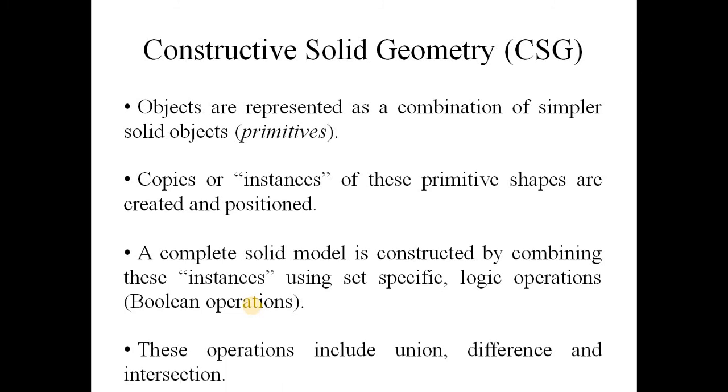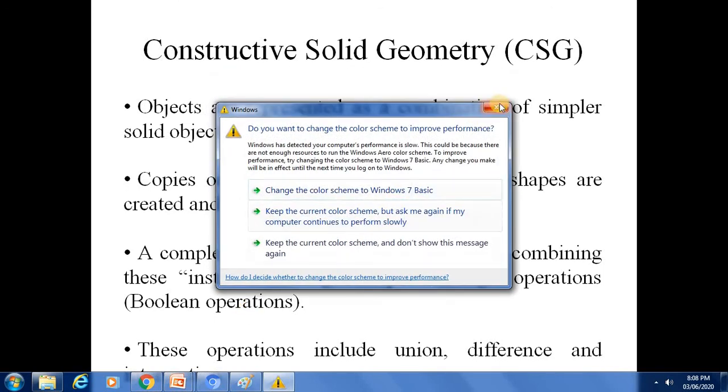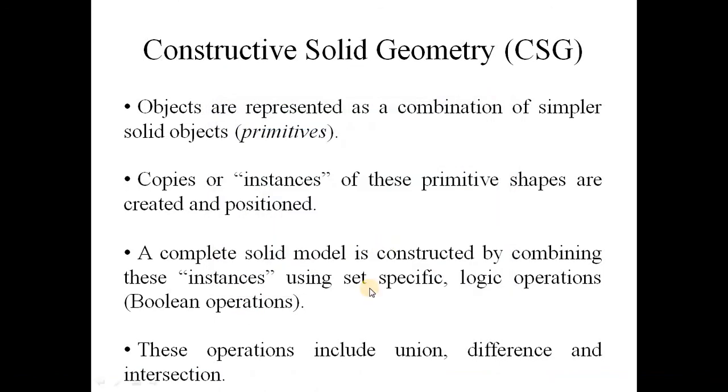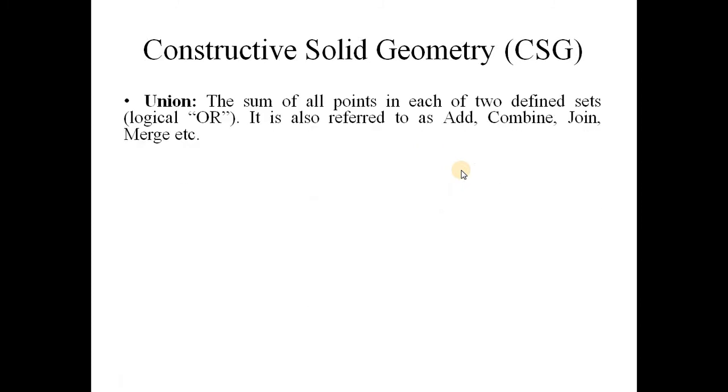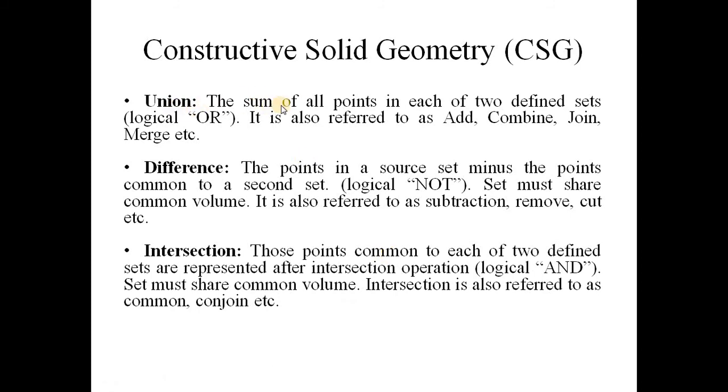These Boolean operations include union, difference and intersection. Now we'll see what is union, what is difference and what is intersection. Union means the sum of all the points in each of the two defined sets. It is also referred to as add, combine or join.